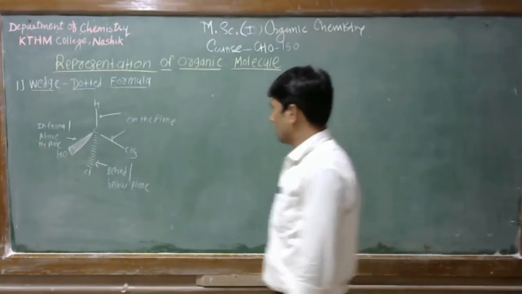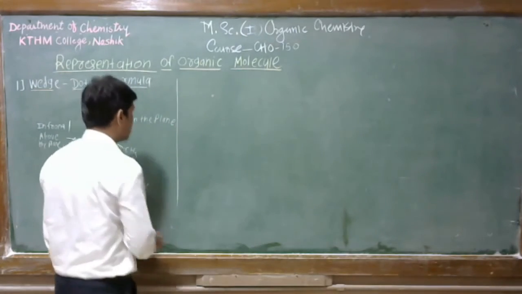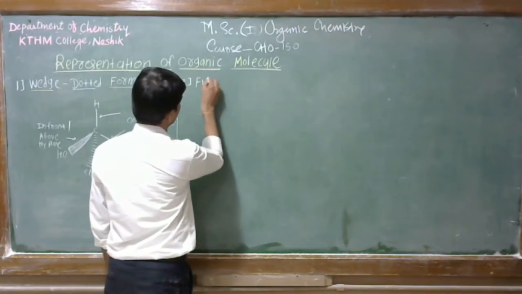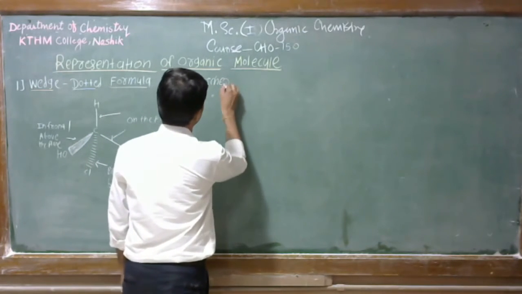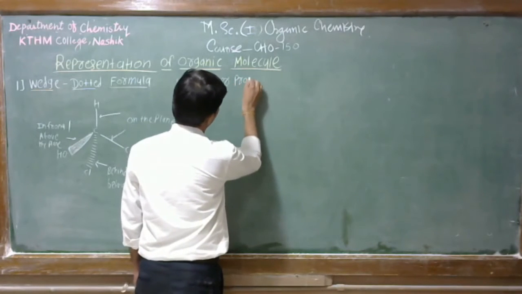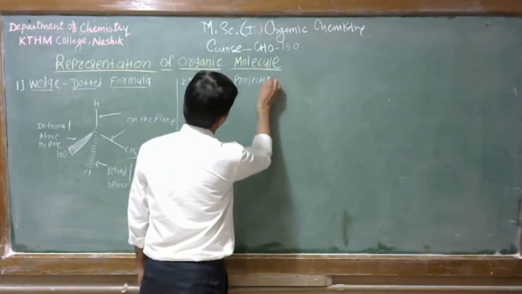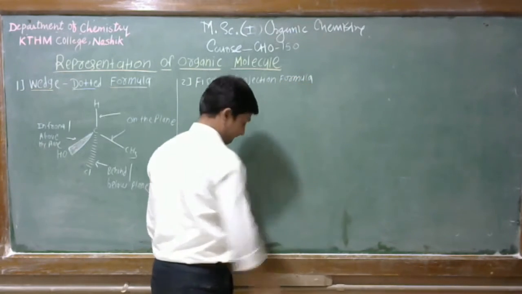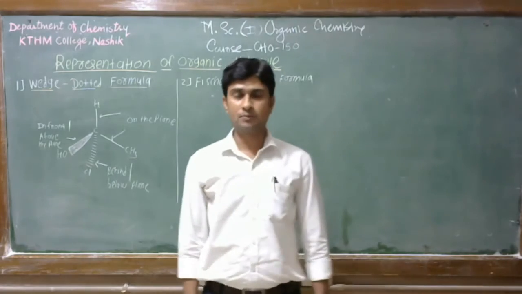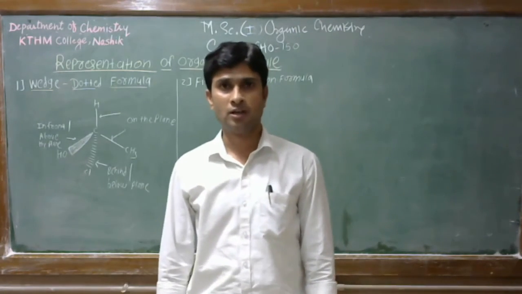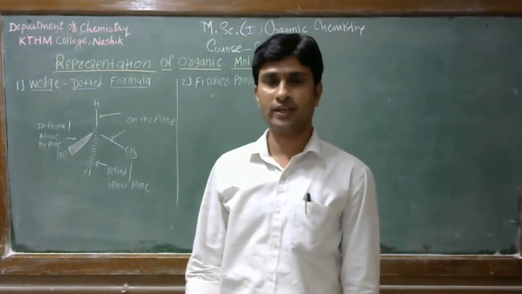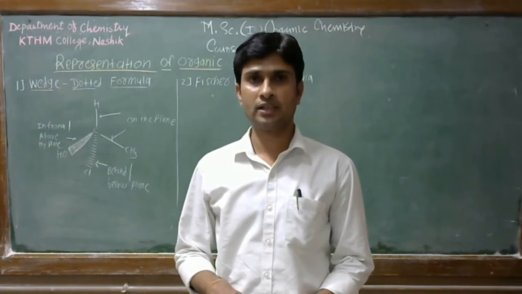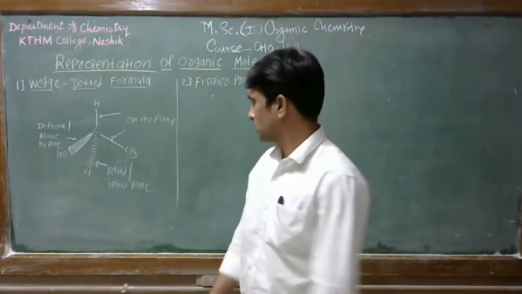Now, our second formula is the Fischer projection formula. Fischer projection formula is used for showing the stereochemistry, for showing the configuration on adjacent carbon atoms.